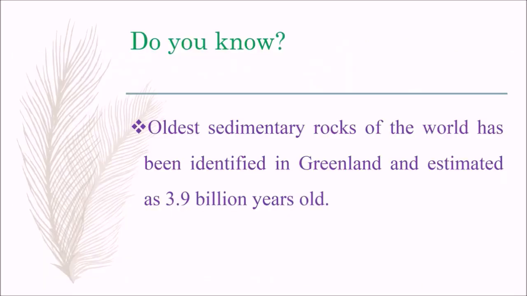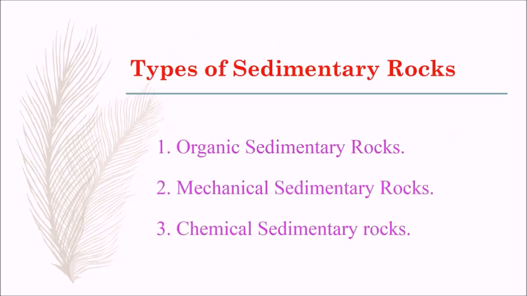Do you know the oldest sedimentary rocks of the world have been identified in Greenland and estimated as 3.9 billion years ago. Now we are going to learn about types of sedimentary rocks: organic sedimentary rocks, mechanical sedimentary rocks, chemical sedimentary rocks.